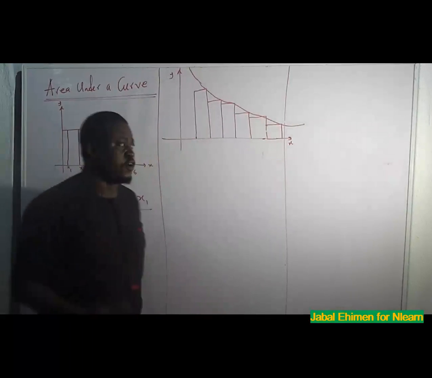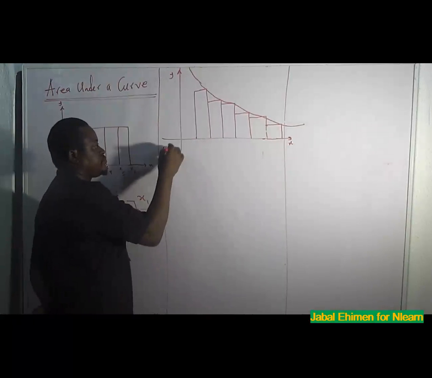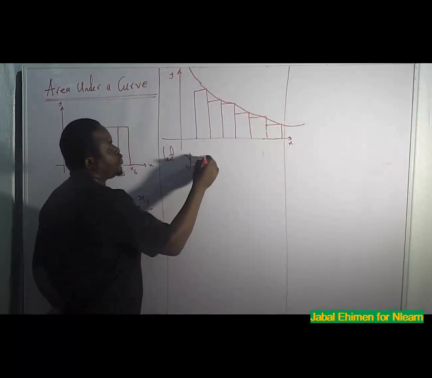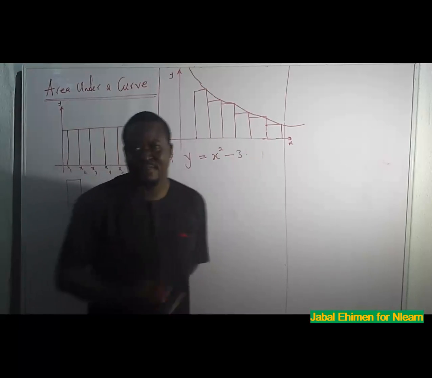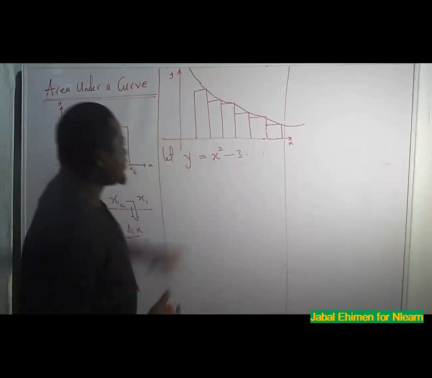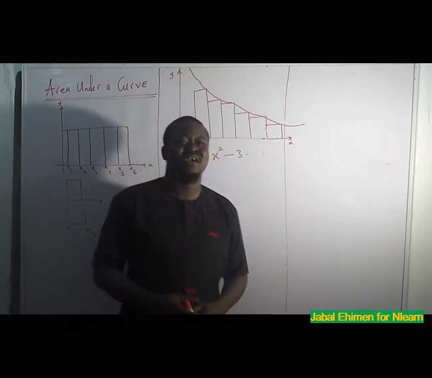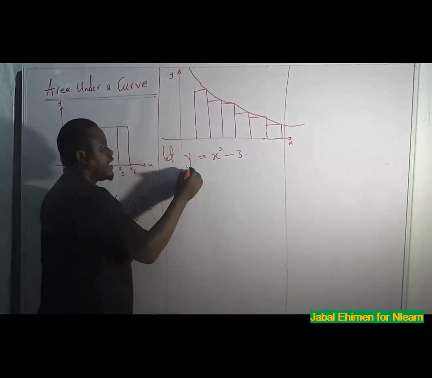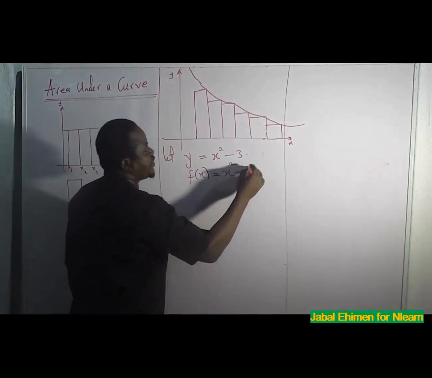If this is a curve, you can have values now. Let the curve be equal to x squared minus 3. Let's assume this. If x squared minus 3 is the curve given, that's not an issue. That shows that f(x), the function of x, is also x squared minus 3.